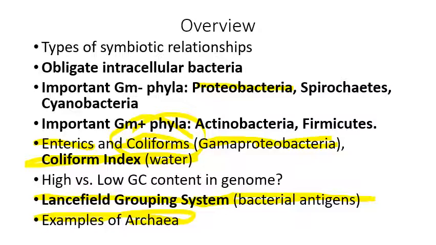It's a very useful and commonly used way to determine what type of bacteria is making somebody sick. If somebody has an infection, you do some tests and then you figure out which bacteria is infecting them based on which Lancefield grouping it falls into. And then at the end we'll have a couple of examples of archaebacteria.